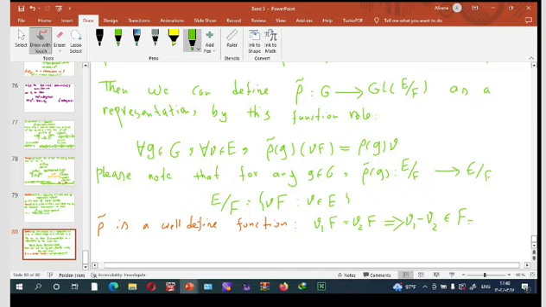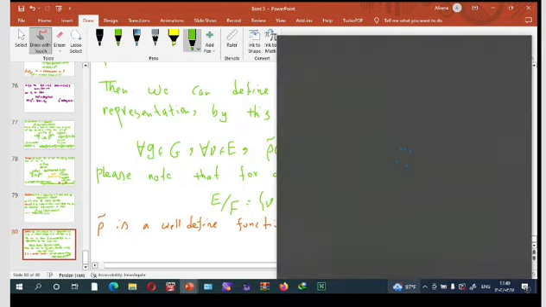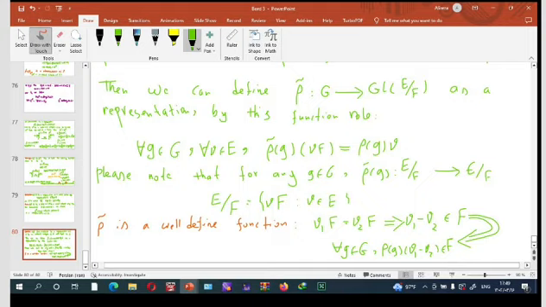And this shows that for any g, rho g of v1 minus v2 is an element of F, because this is an invariant subspace.